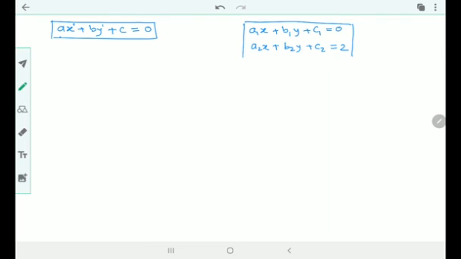This one is called the standard form of linear equation in 2 variables, and this is called the standard form of system of linear equations in 2 variables. We just name for our convenience that this is equation number 1 and this is equation number 2. So I hope you understood all the 3 concepts that we planned for this session.